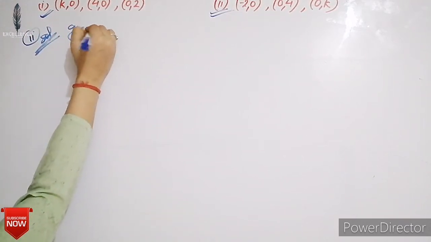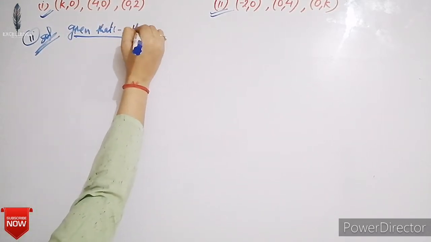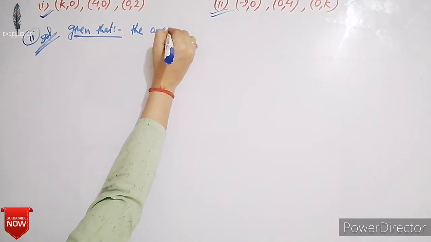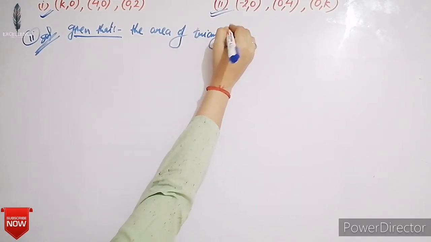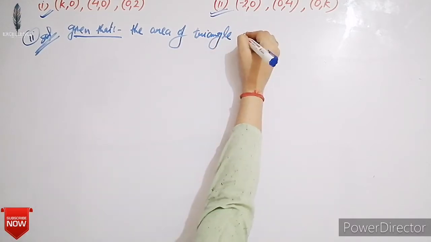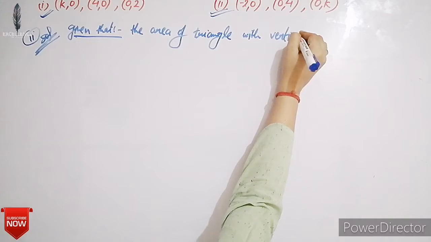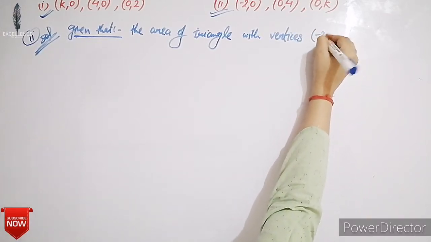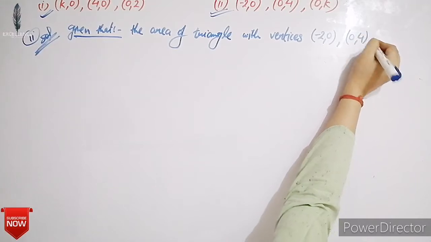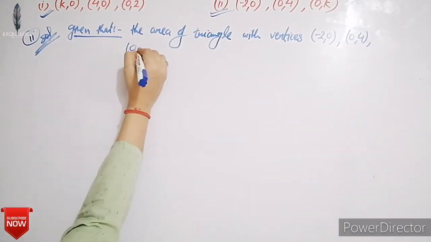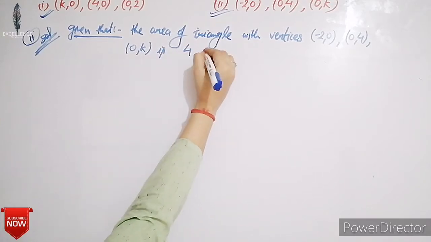Here it is given that the area of the triangle with vertices (minus 2, 0), (0, 4) and (0, k) is 4 square units.